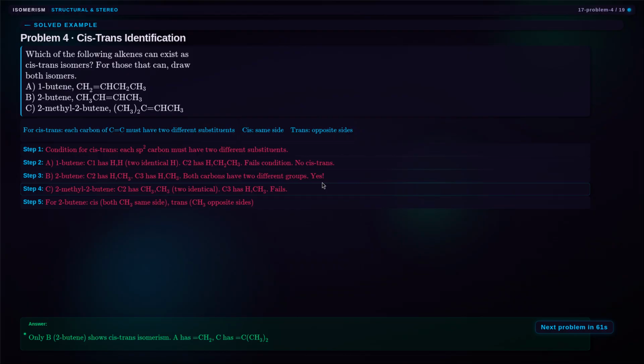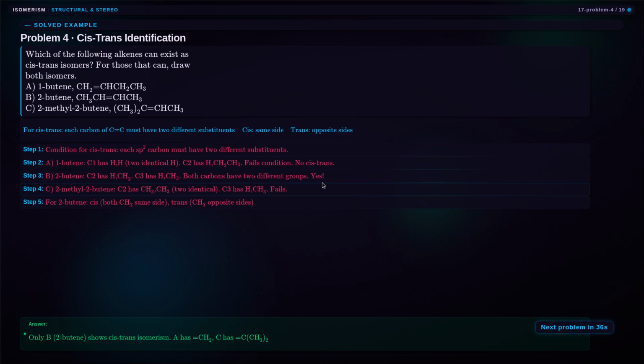Step 3. Option B, 2-butene. Carbon 2 has H and CH3. Carbon 3 has H and CH3. Both carbons have two different groups. Yes, cis-trans is possible. Step 4. Option C, 2-methyl-2-butene. Carbon 2 has CH3 and CH3, two identical methyl groups.